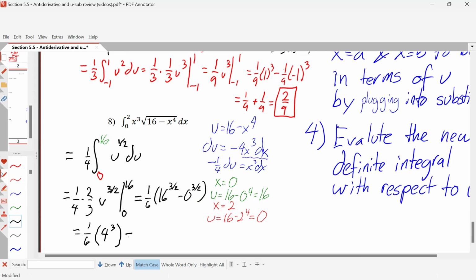And 4 cubed is 16 times 4, or 64. So we have 64/6, which is the same as 32/3. So there were 4 examples on how we can use U-substitution to evaluate indefinite and definite integrals in this video.